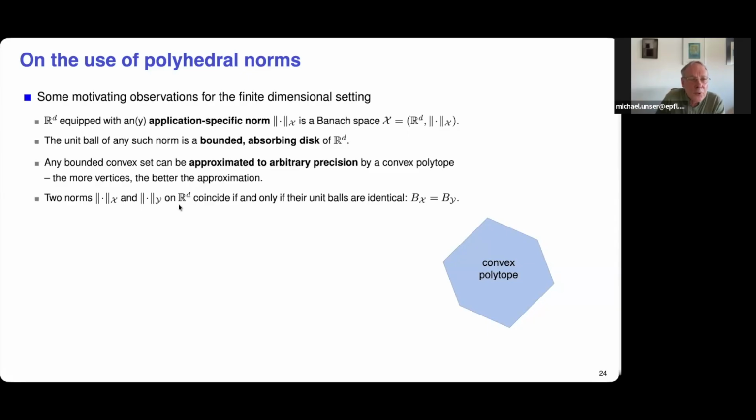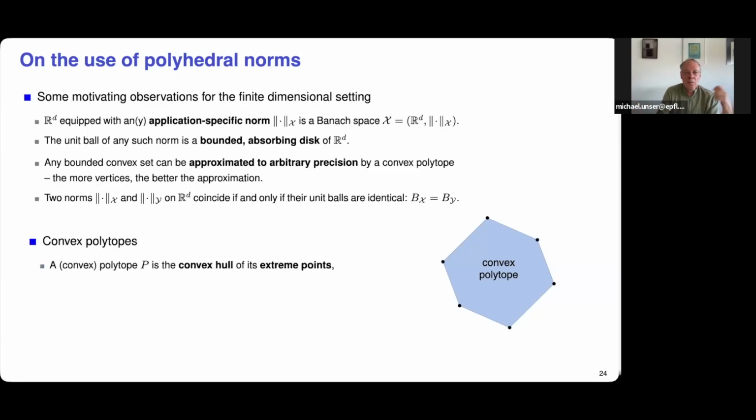The other thing that's important is, if you have two different norms and you look at their unit balls, and the unit balls are the same, you can say the norms are the same. So here is the idea. We will consider convex polytopes, like here.